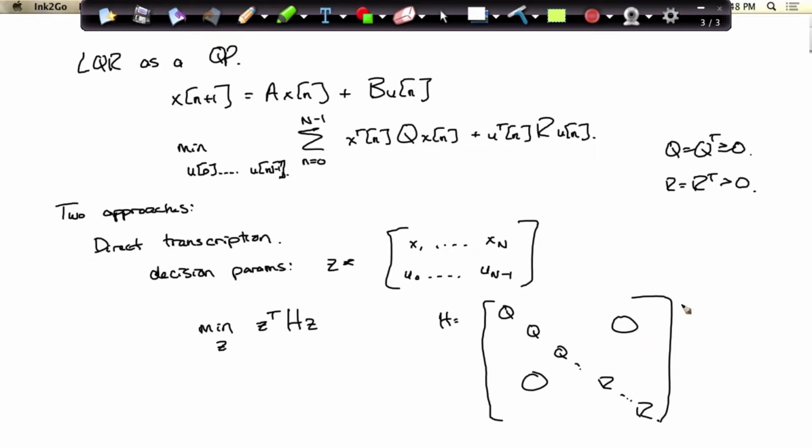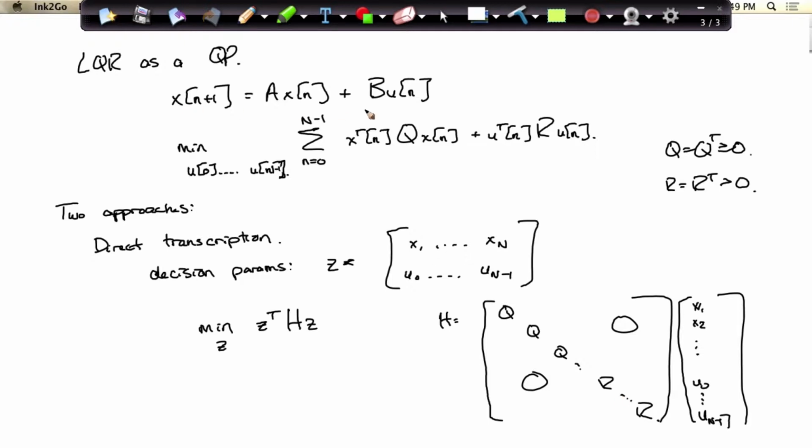Right? But if I line up x1, x2, u0, un minus 1, right? Same thing on the other side. Then I could write this cost function as a big, pretty empty matrix, okay?